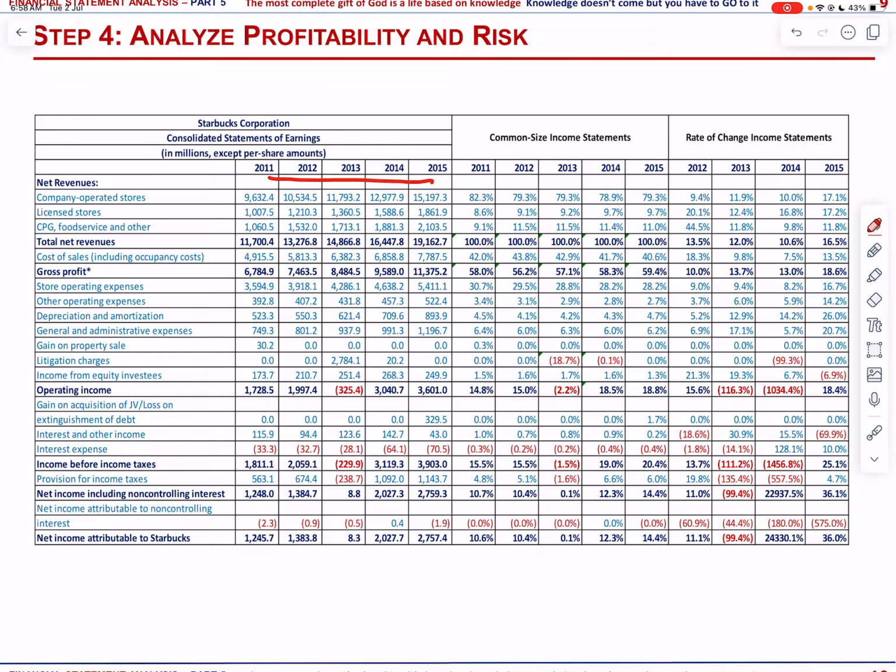The net profit margin was consistently high up to the year 2013 when it dropped to 0.1%, attributed largely to litigation charges amounting to 18.7% of total revenues that year. Now, following the decline in 2013, Starbucks' net profit margin rebounded strongly to 14.4% in the year 2015.